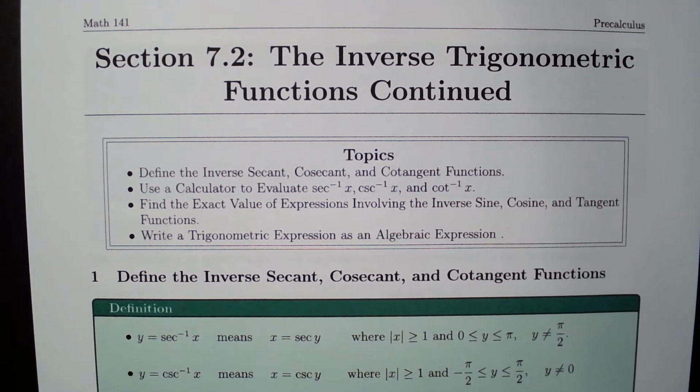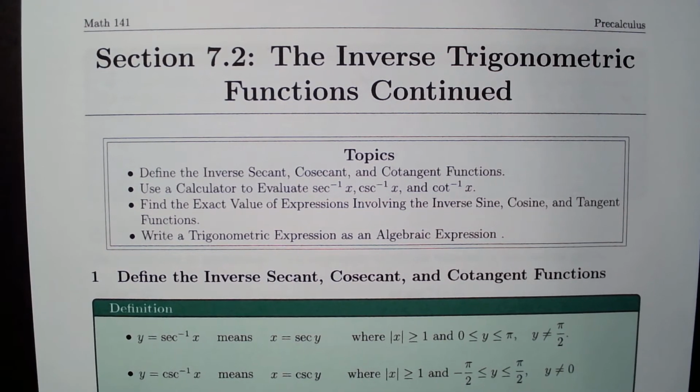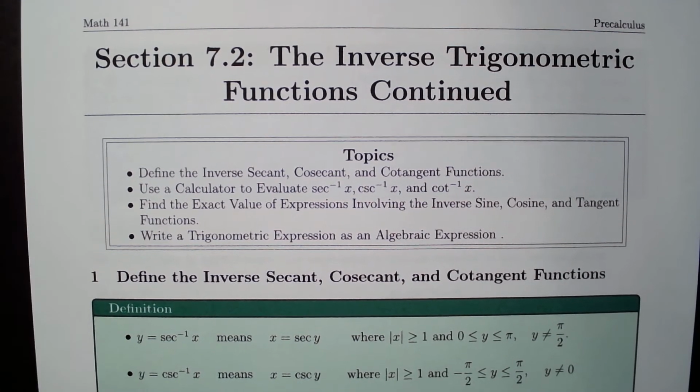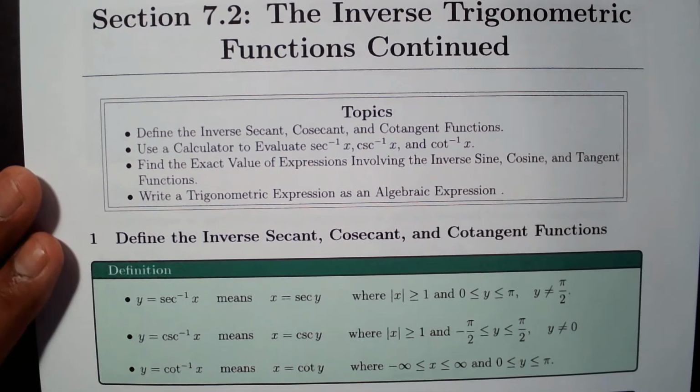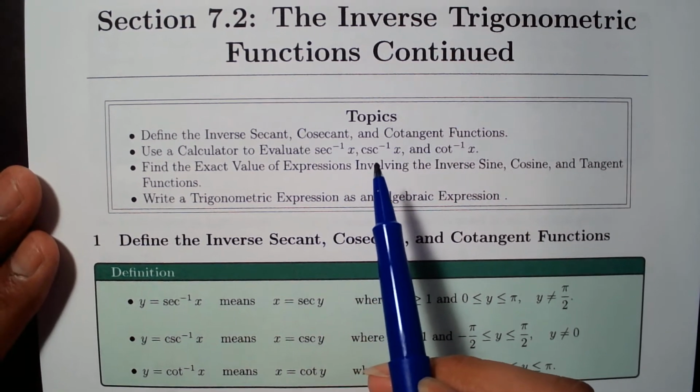Alright, so in this video we go over section 7.2, the inverse trigonometric functions continued, in which we are going to look at how to find the inverse trigonometric functions for the remaining functions. In the previous section we did inverse sine, inverse cosine, and inverse tangent.